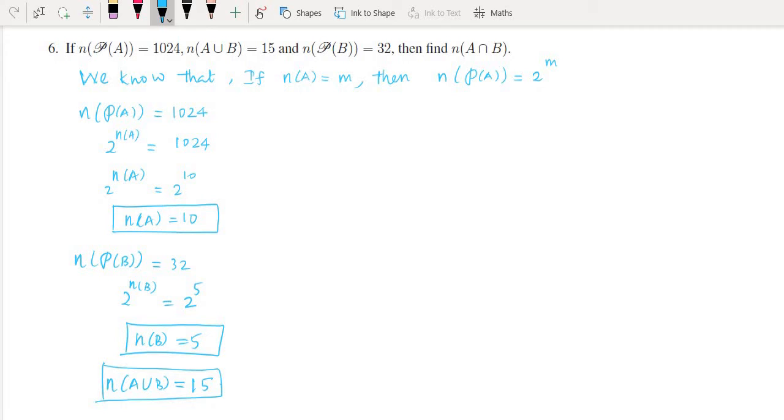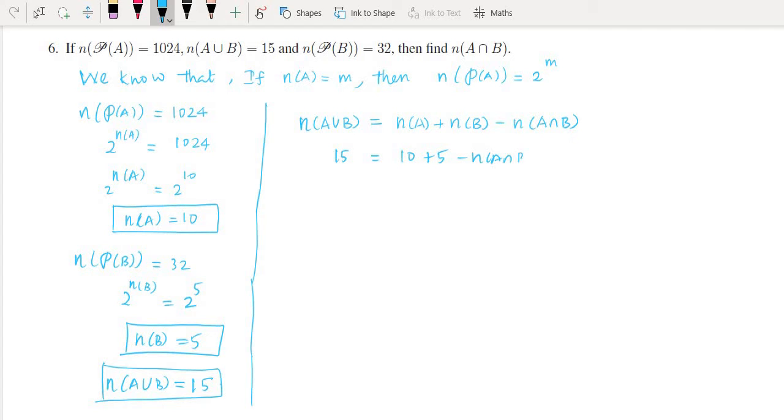So now we have an equation which relates n of A, n of B, n of A union B and n of A intersection B, which is n of A union B is equal to n of A plus n of B minus n of A intersection B. So substituting all these values, we knew already n of A union B is equal to 15, n of A is equal to 10 plus 5 minus n of A intersection B. So if I shift that n of A intersection B to the left hand side, and 10 plus 5 is 15, 15 minus 15 is 0.